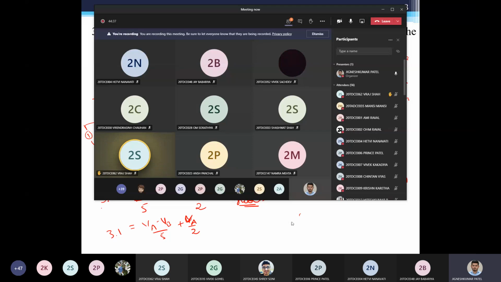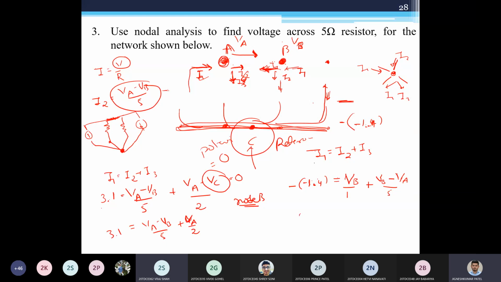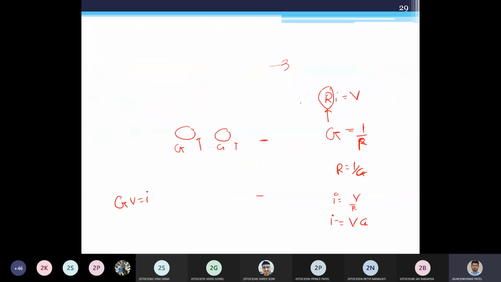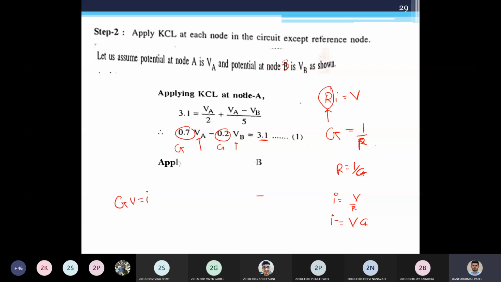Yes, Suraj. Sir, is it necessary to use Cramer's rule? Most of the time we use Cramer's rule. There are other methods as well, but Cramer's rule is the easiest method, so I prefer that. And sir, elimination will be better, no sir? Elimination could be a better option, but the issue with elimination is what you will do with this part.